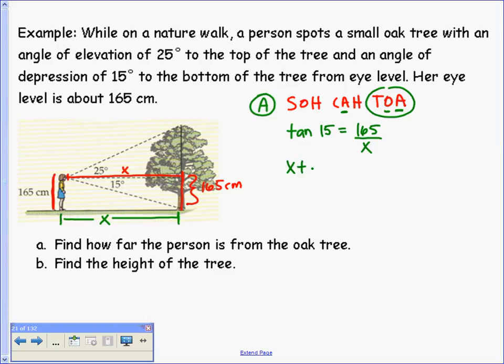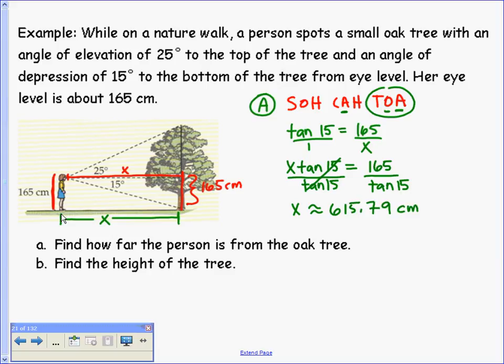And so x times the tangent of 15 is equal to 165. I used cross products like I did in the previous problem. I'm going to divide both sides by the tangent of 15. Those cancel, and I'm going to find out that x is approximately 615.79 centimeters. So now I have the value of x.